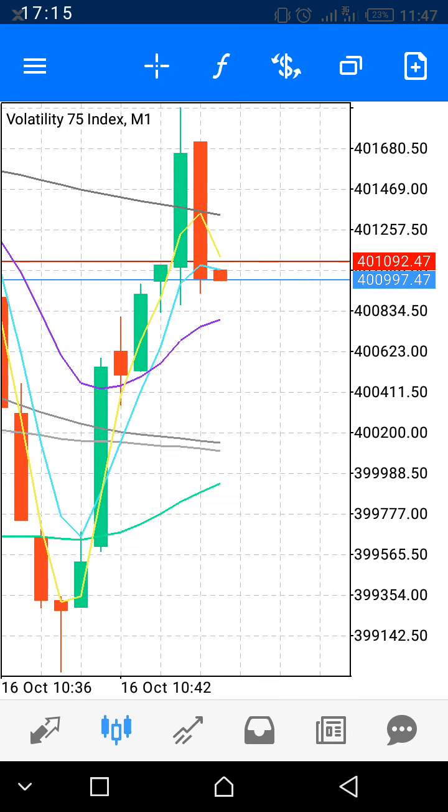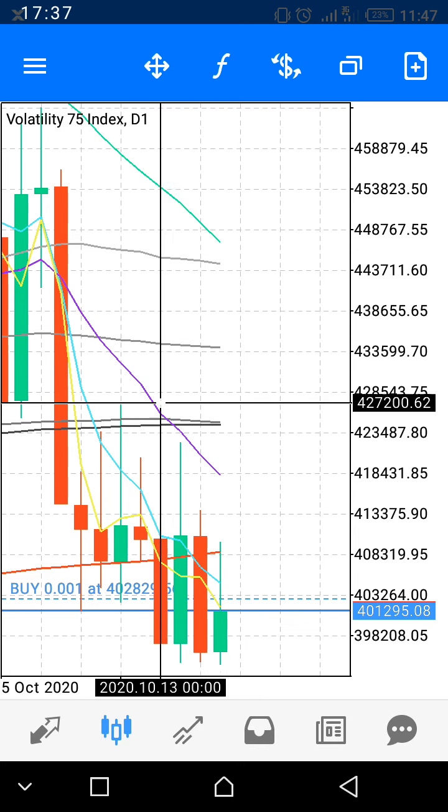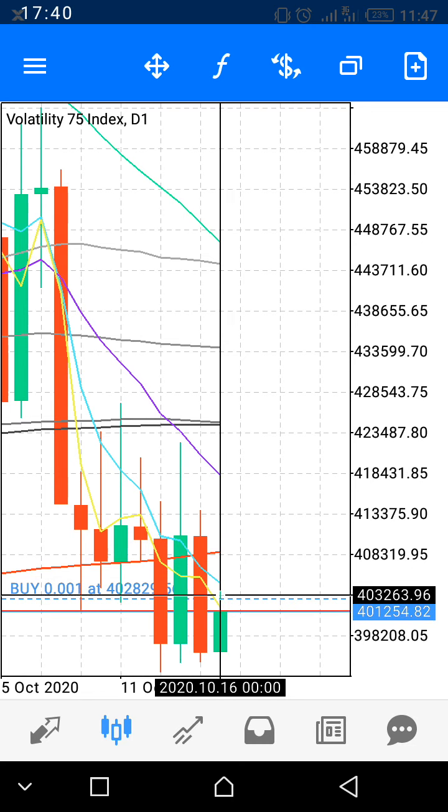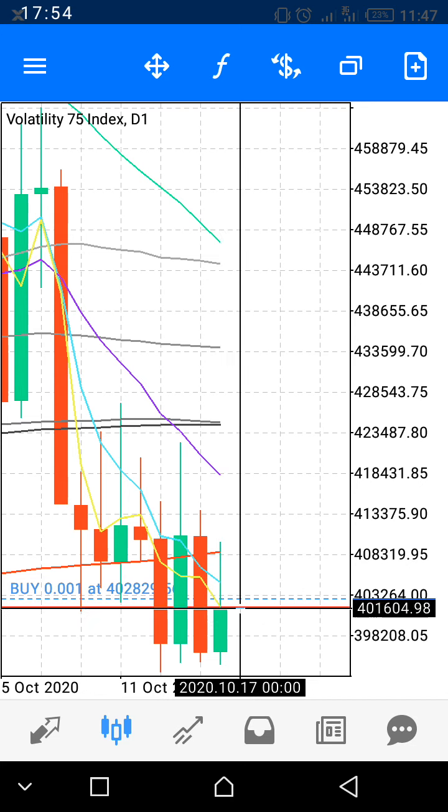Powerful. Now let's go to D1. What's the function of this 2 SMA? Very powerful, very important. It is used on the daily to tell you the daily momentum. Now look, when I entered this trade, the yellow 2 SMA was below the candle, and the candle was bullish, green.